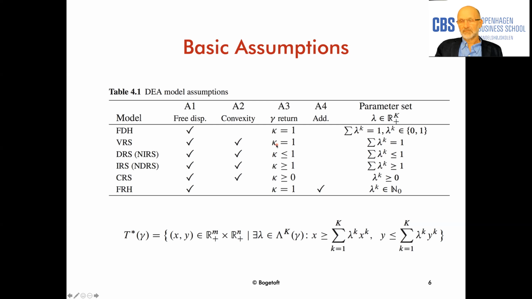else. And we can describe the technology like down here, where this capital gamma set is defined by these extra constraints over here. So we have variable return to scale, the sum of the lambdas, which are these weights we put on the different firms, they have to sum to 1, okay?